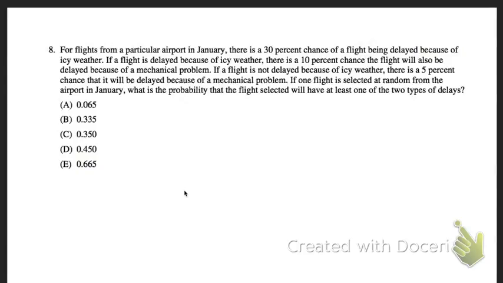This one, number 8. So it says there is a 30% chance of a flight being delayed because of icy weather. So, probability of delay, icy weather, that's just how I'm writing it, equals 0.3. If a flight is delayed because of icy weather, there is a 10% chance the flight will also be delayed because of a mechanical problem.